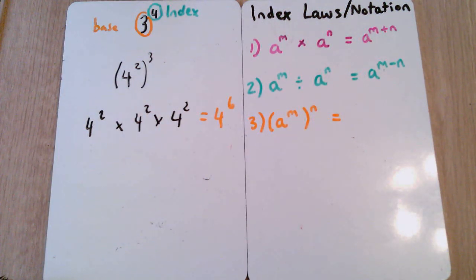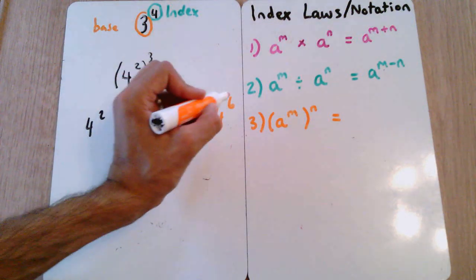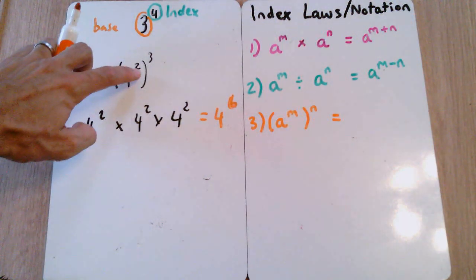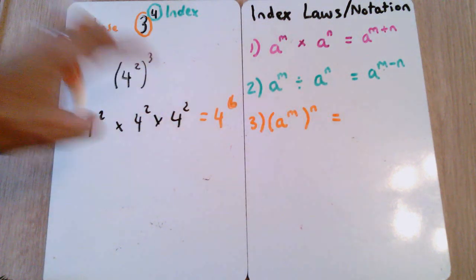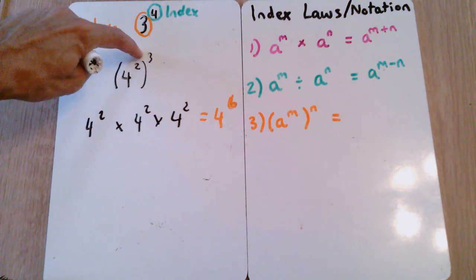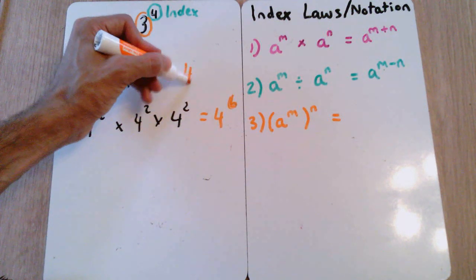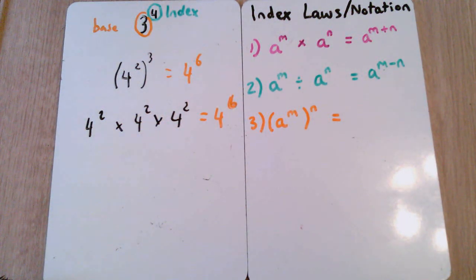Now, is there an easier way of obtaining that from the values of 2 and 3? Yes, there is. What we've done is we've found our value of 2, we've worked out 3 portions of that. So we've simply multiplied the 2 by the 3. And this power rule is also linked to multiplication then.